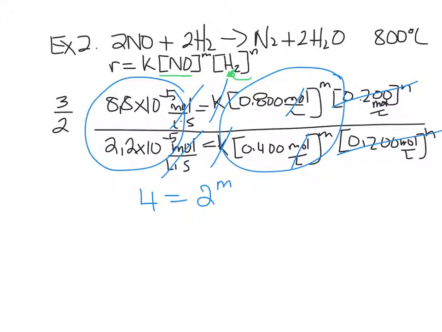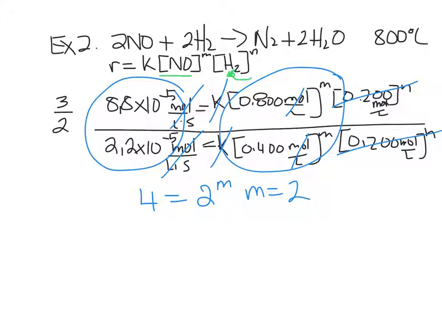So 8.8 divided by 2.2 is 4. 0.8 divided by 0.4 is 2 to the exponent m. So m is 2. The rate order with respect to NO is 2, or second order.